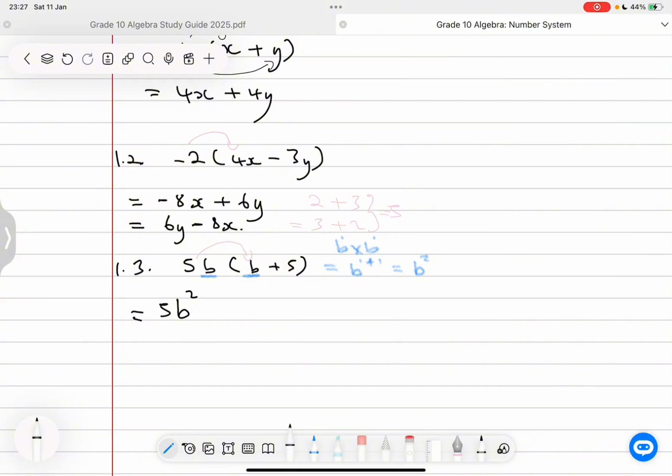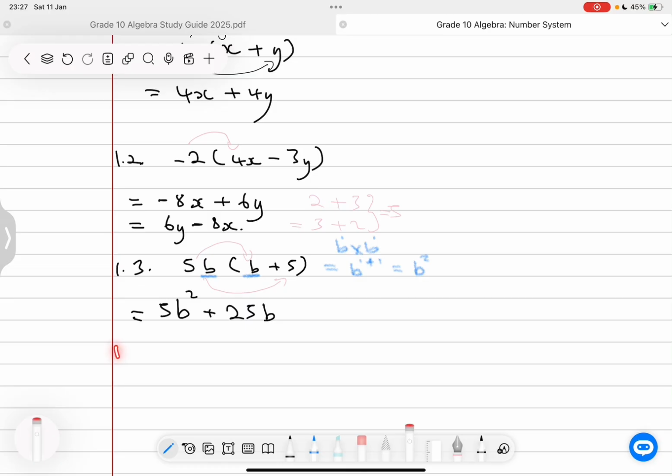Now, we then going to distribute again the 5b to the 5 there. A 5 times a 5, it should give us a 25. So we're going to have the plus as it is, and we're going to have a 25b. So remember that we still have this b here. It will also come there when we multiply. Right? I hope that one was clear.